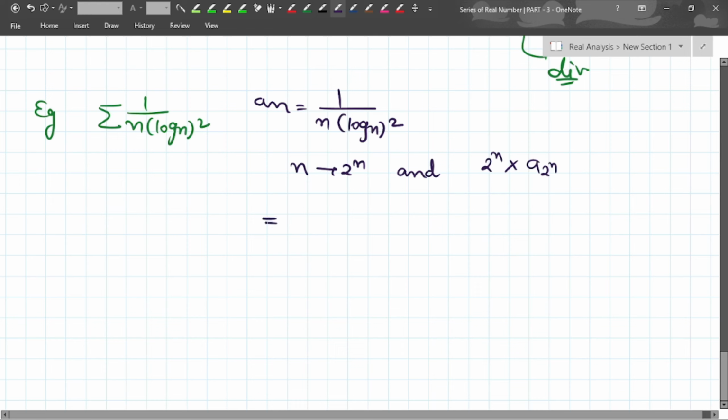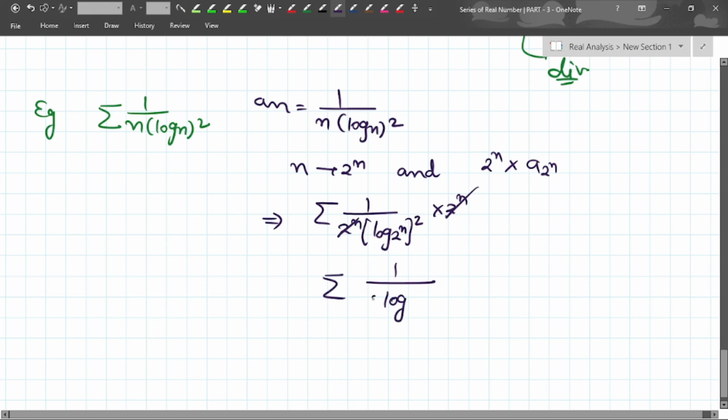Now see this. The summation will have 2 power n, and log of 2 power n whole square into 2 power n. From here this gets cancelled, and this is nothing but 1 upon n log of 2 whole square. So I can simply write log 2 whole square as a constant, and it is 1 upon n square.